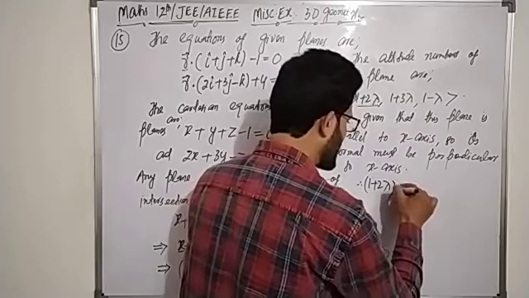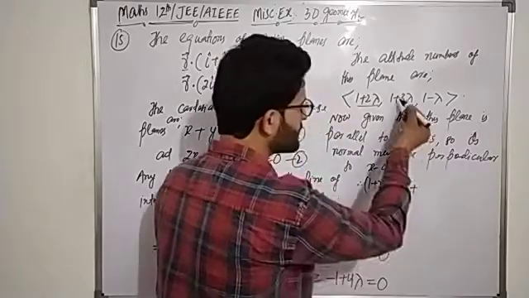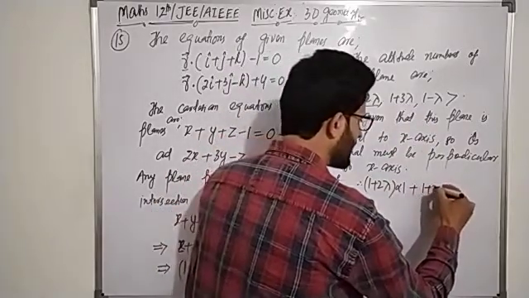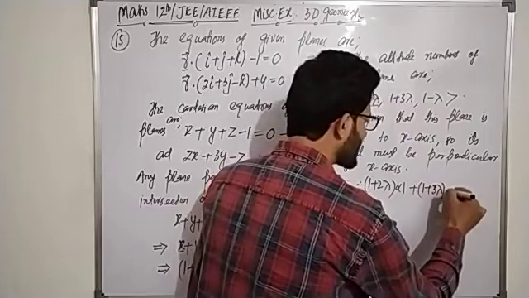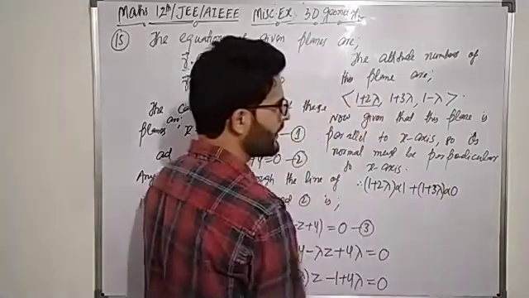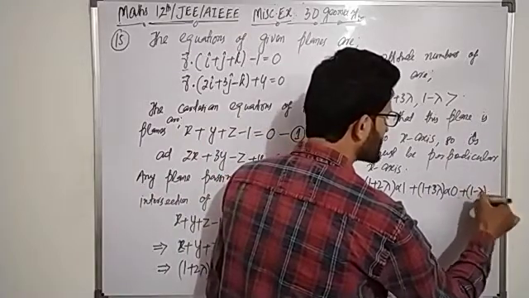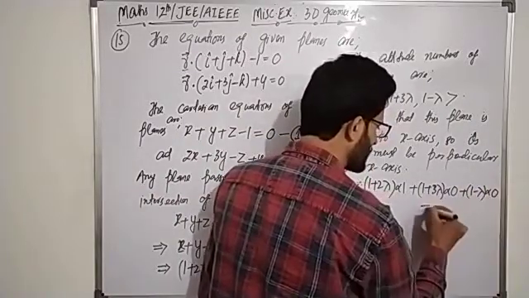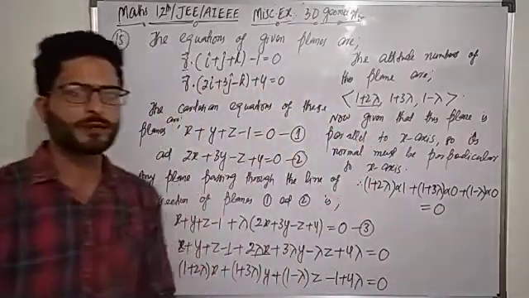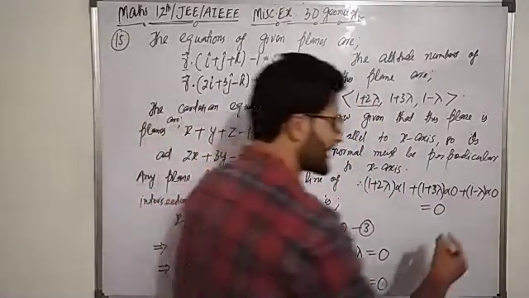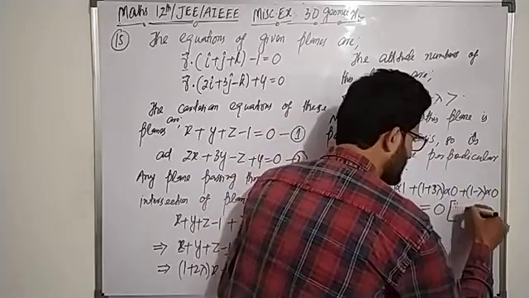So 1 plus 2 lambda into 1 plus यहां पे दूसरा डायरेक्शन रेशियो 1 plus 3 lambda, एक्स एक्सिस का दूसरा डायरेक्शन रेशियो 0. एंड यहां पे तीसरा डायरेक्शन रेशियो प्लस 1 माइनस लैम्डा इनटू एक्स एक्सिस का तीसरा डायरेक्शन रेशियो 0 एंड दैट्स इक्वल टू 0.